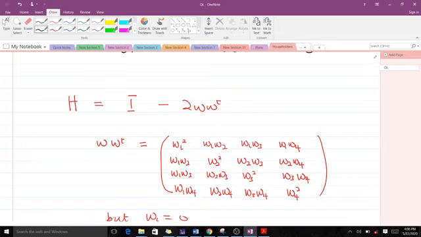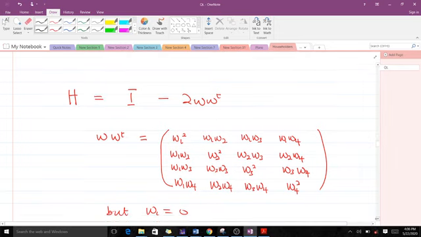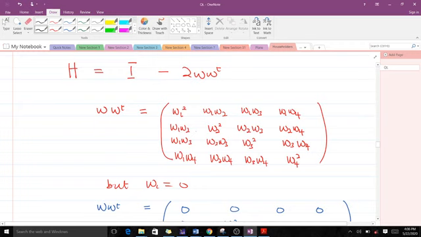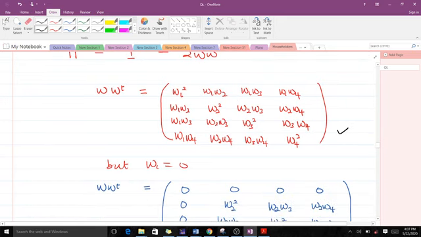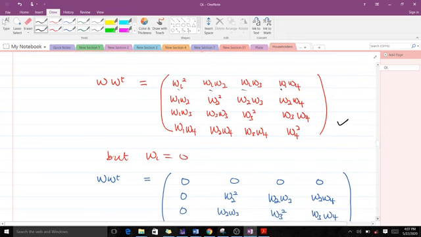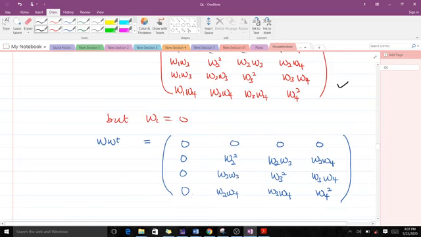Since our w1 is equal to 0, each component of our matrix which contains w1 will be 0, because 0 multiplied by any number is 0. Since this component has 0 throughout, our first row is going to be 0. And you realize that our first column too has w1 inside throughout. So our first column is also going to be 0. And you are going to be left with this.